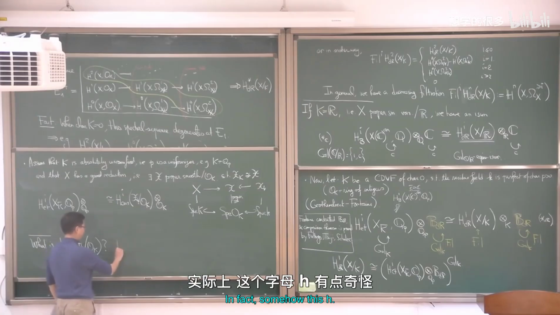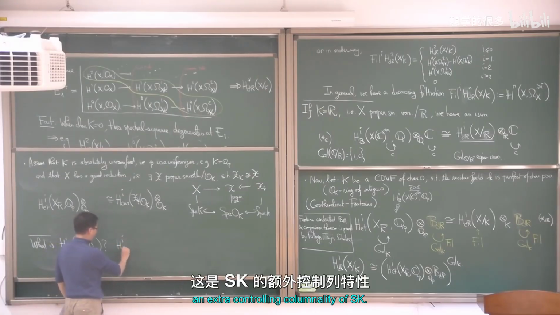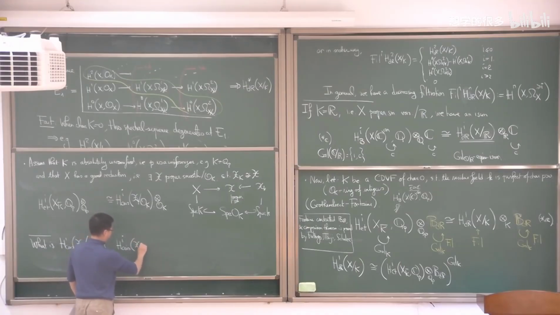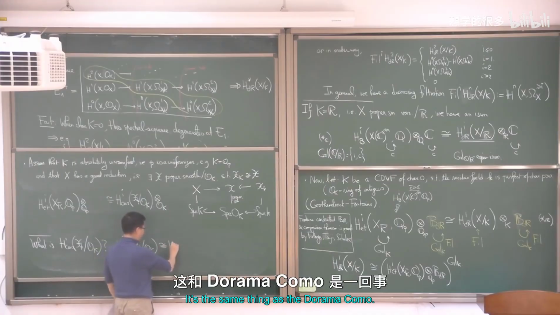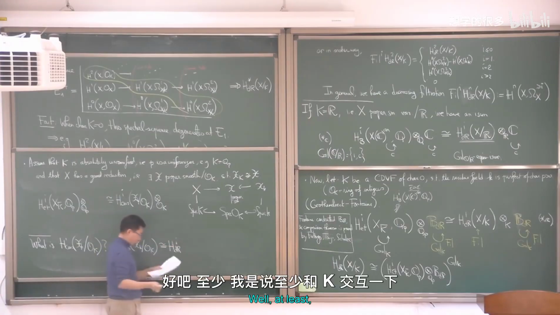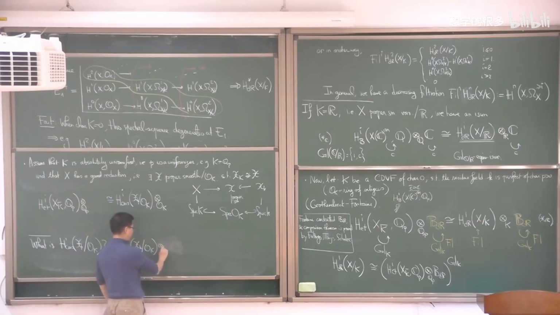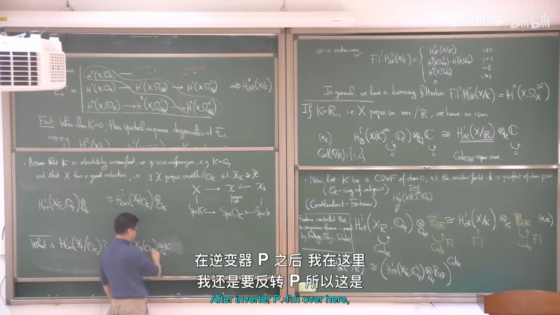In fact, this H^i crystalline cohomology of X_k is the same thing as the de Rham cohomology, or at least tensor with K after inverting p.